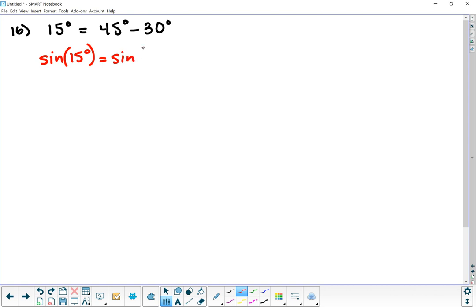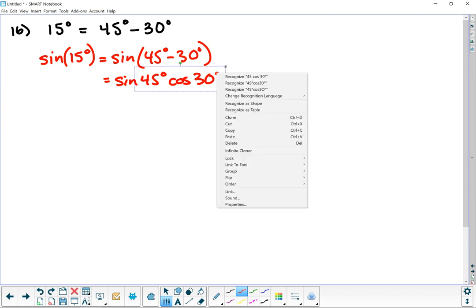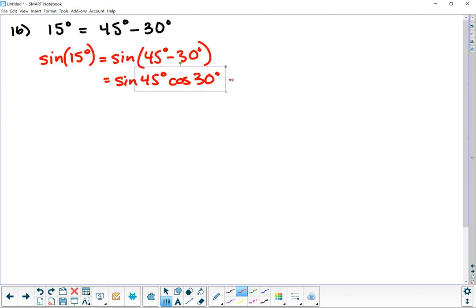is the sine of 45 degrees minus 30 degrees, which is sine, and pause it if you need a little time to write it down yourself, 45 degrees cosine 30 degrees. Oops. Minus, what did I do?